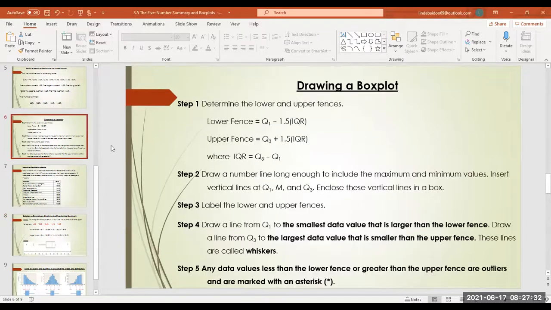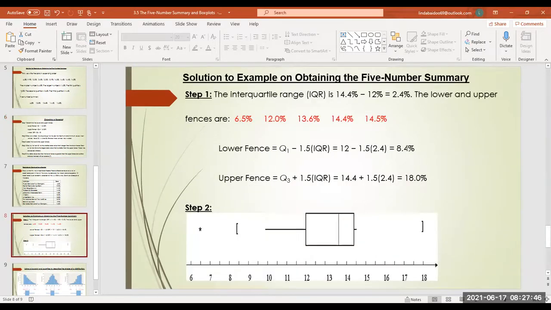The second step says to go ahead and draw a line long enough to include the maximum and minimum values. So we know our maximum value, we know our minimum value, and then we will also do Q1, Q2, Q3 and put it in the box. Now that we know our lower fence and upper fence, we are going to look at the minimum and maximum. The minimum was 6.5.